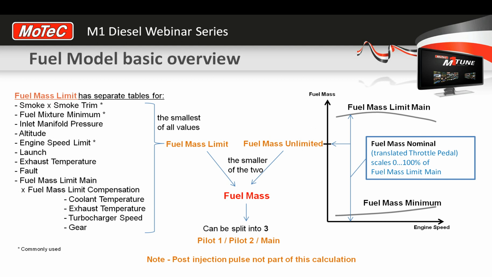And this is by far the most preferable way of controlling your lambda, but for it to work well, you need to aim to get your air mass calculations correct, so that's an accurate airflow meter, and your fuel mass calculations correct, so that's accurate injector calibrations.